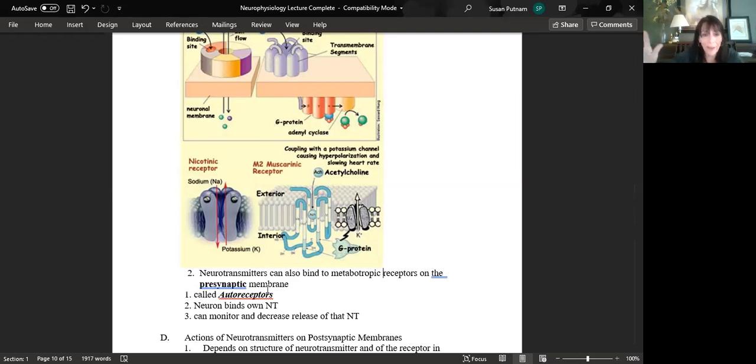That's not really what they're thinking, but it kind of gives you a picture. Anyway, these are called autoreceptors. So this means that a neuron can bind its own neurotransmitter. The important thing about this is these autoreceptors can serve to monitor and decrease the release of that neurotransmitter.